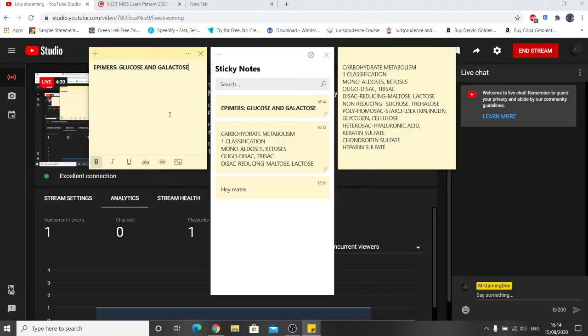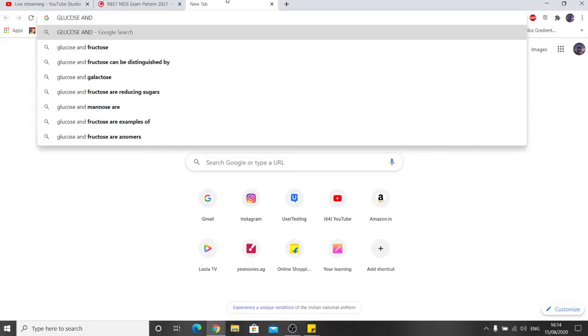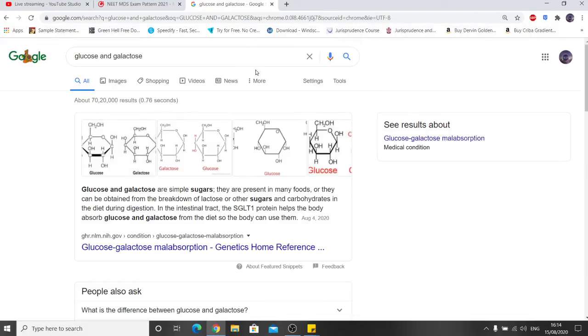So the reason for this explanation is two monosaccharides. These both are two monosaccharides that differ from each other in their configuration around a specific carbon atom. So let's just see, glucose and galactose. Where do they differ?